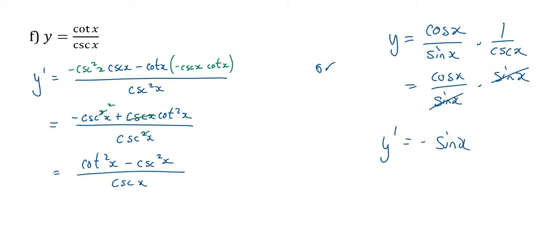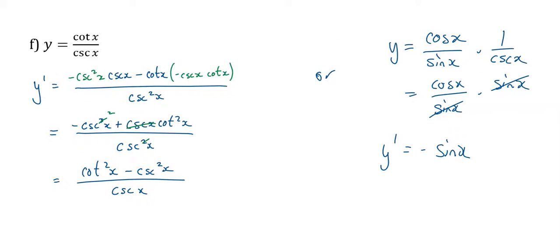If you were solving this to do a first derivative chart, I'd rather have the second form than this one. That's not something we would put on a test, so it's just interesting when it happens.